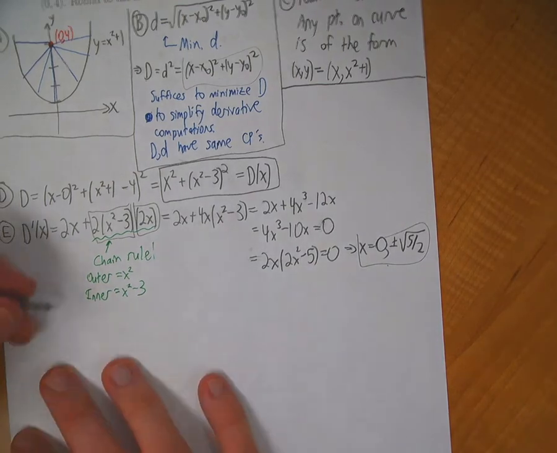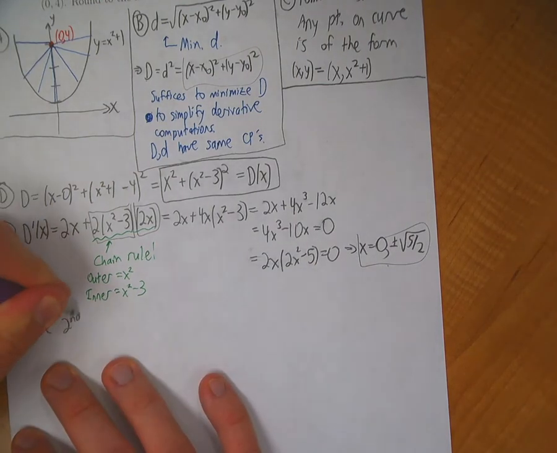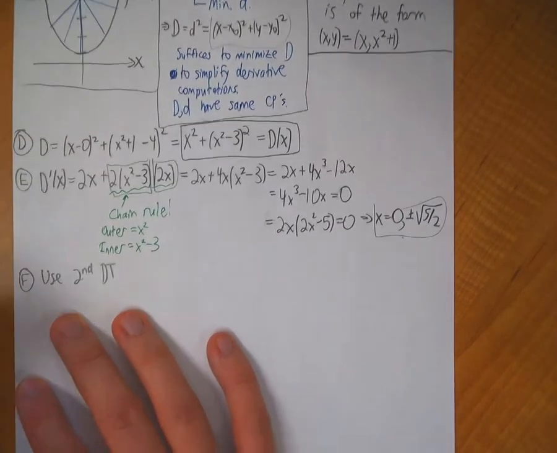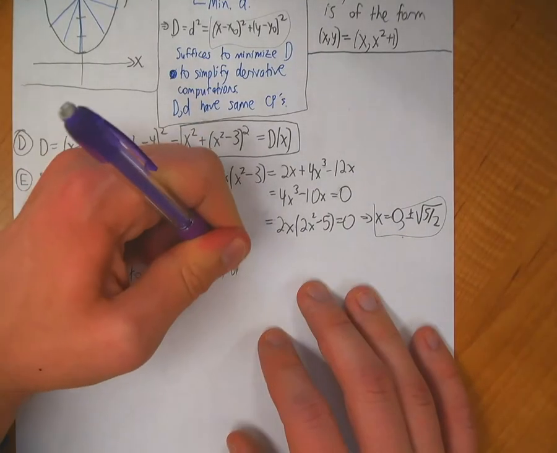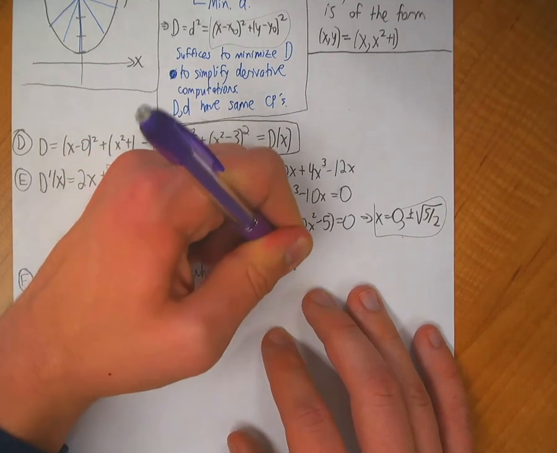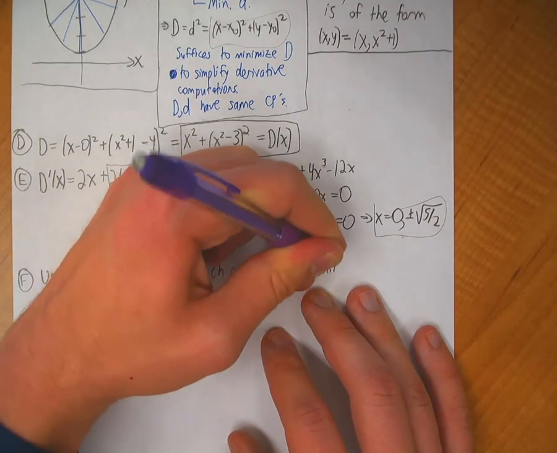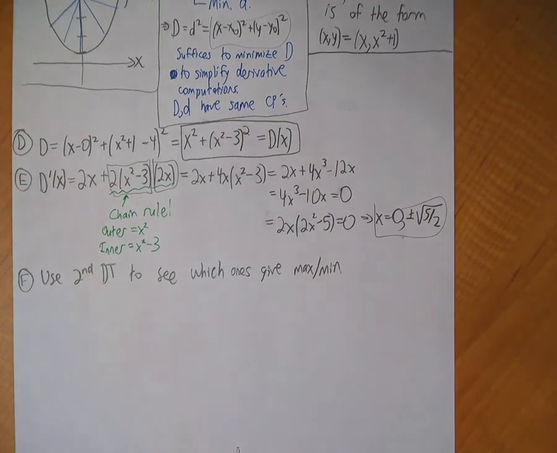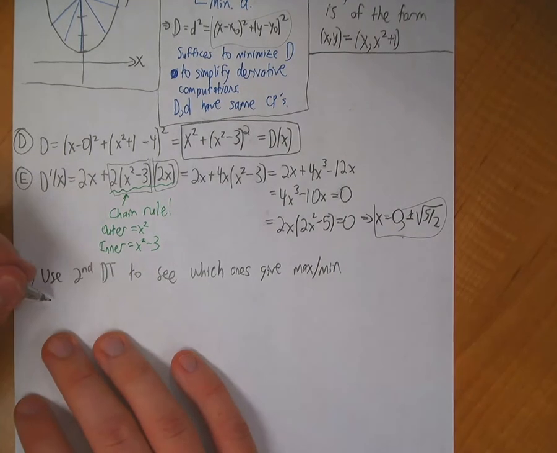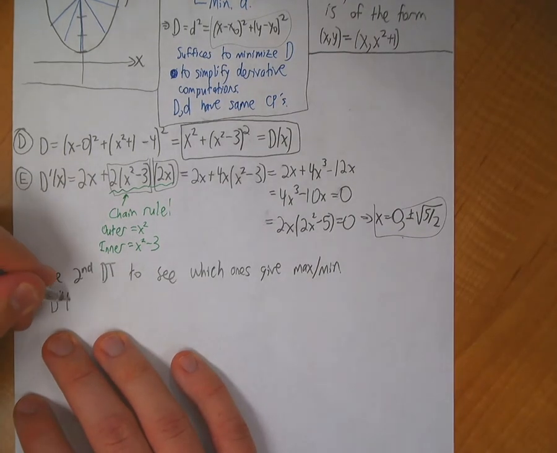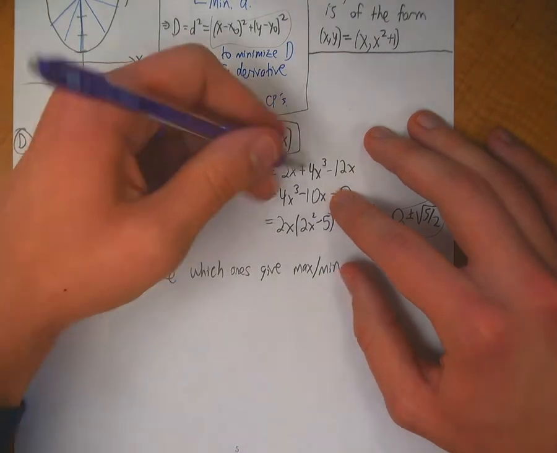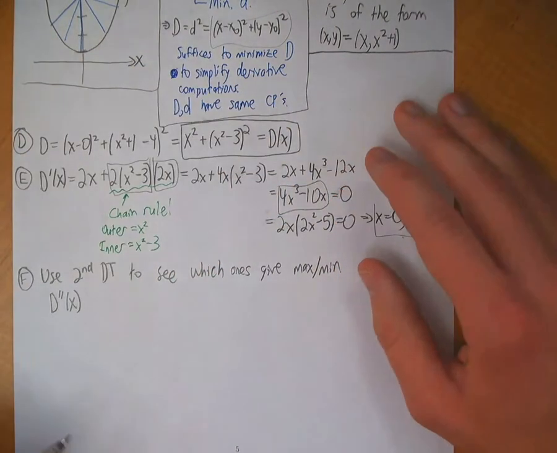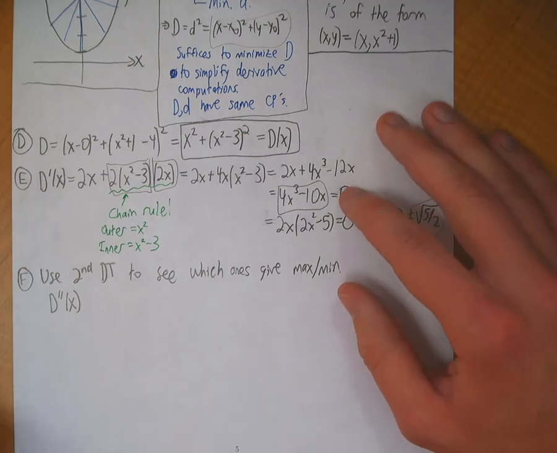So we use the second derivative test to see which ones give the max or minimum. First off, what's the second derivative? In order to apply the second derivative test, all we really have to do is take the derivative of d prime to get the second derivative.